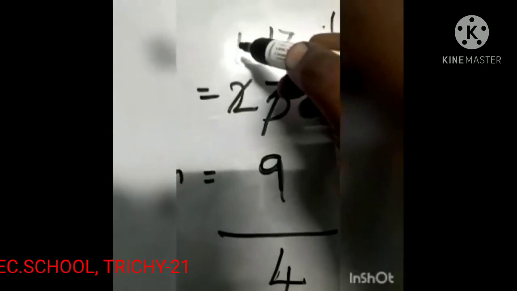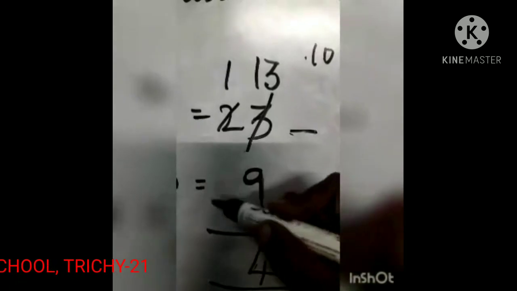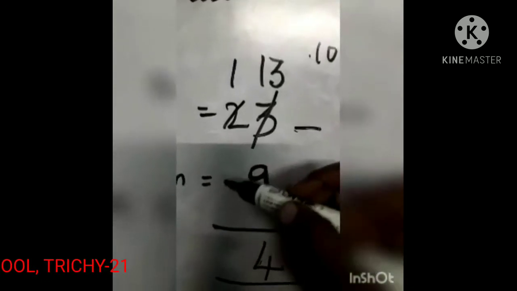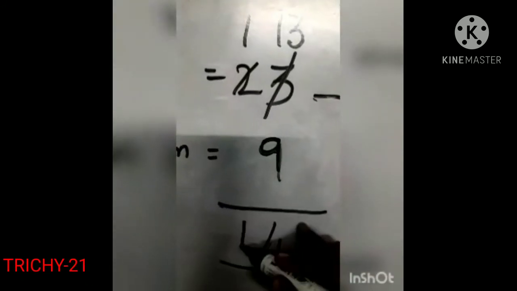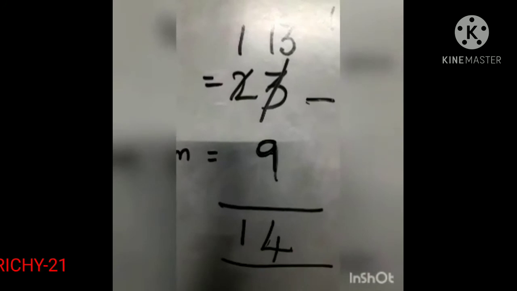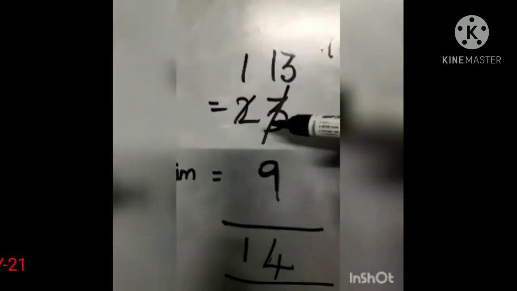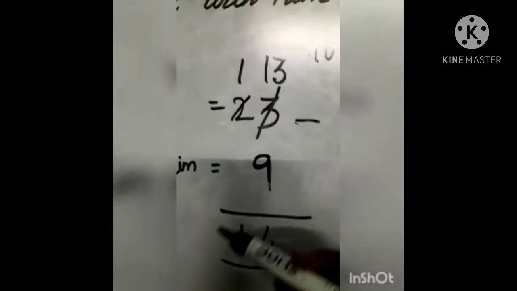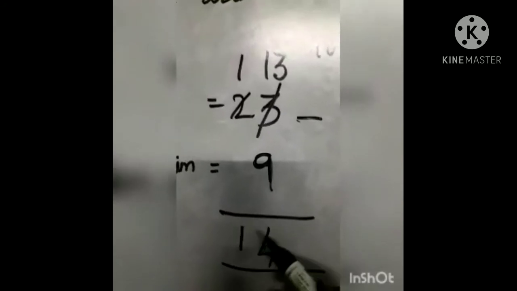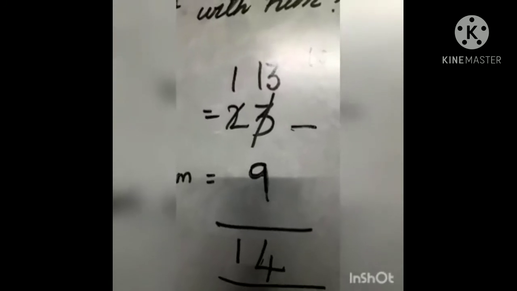Only 1 is present here, and nothing is given to subtract, so this 1 automatically comes down. So what is the answer? 14. From this 23, if we cut 9, the answer is 14. How many kites were left with him? 14.